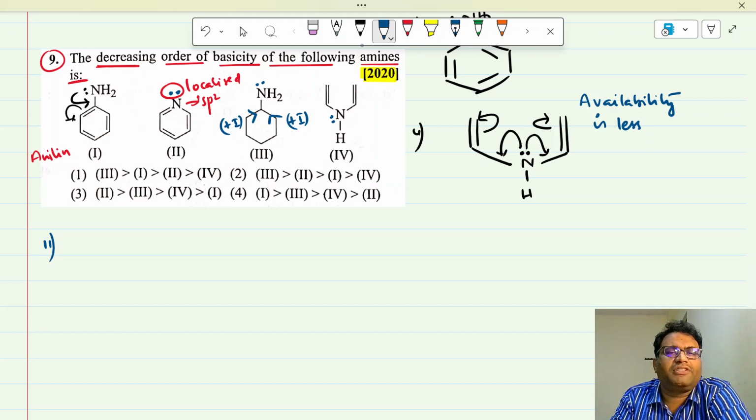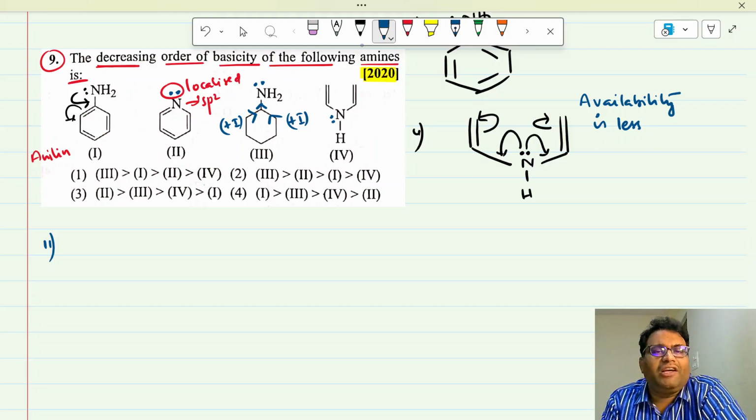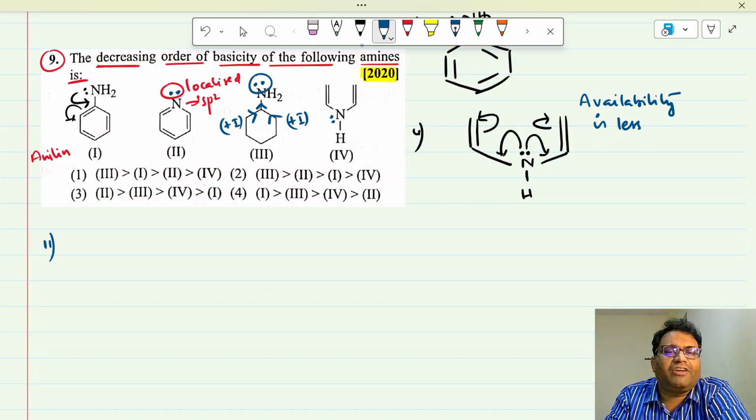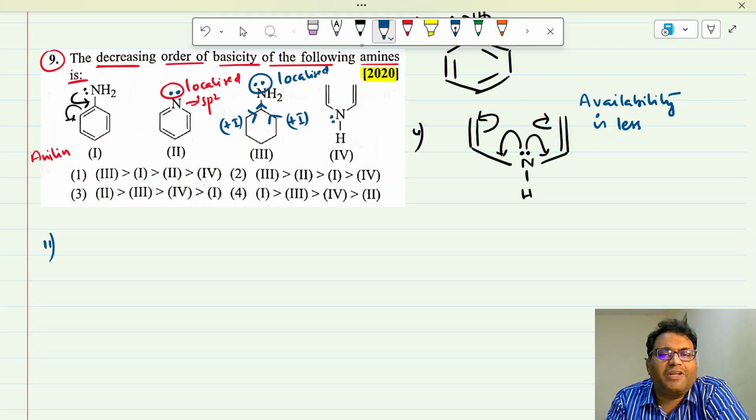So what happens here? The electron density increases. So the availability is more, here also this pair of electrons are localized. And due to these plus I groups, there is more availability.